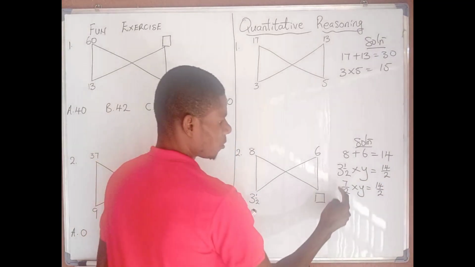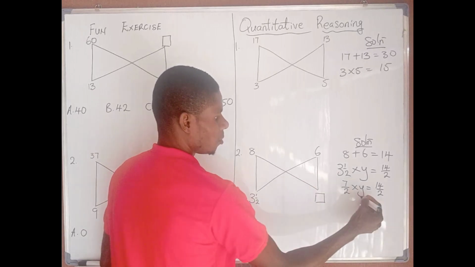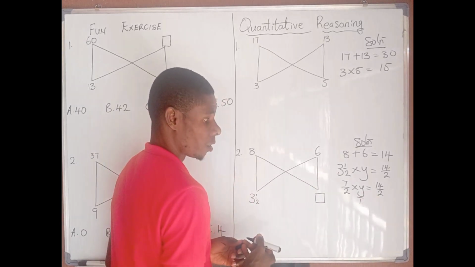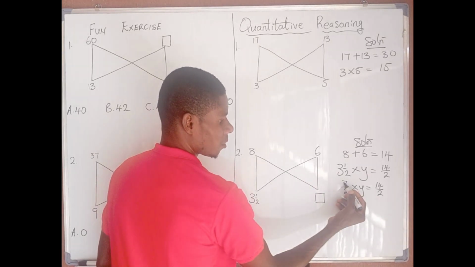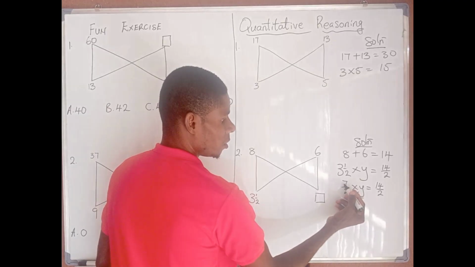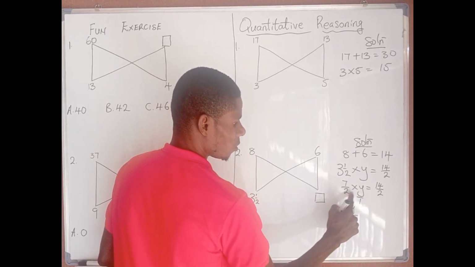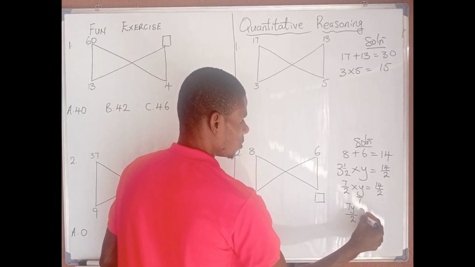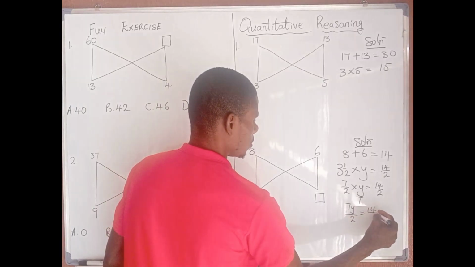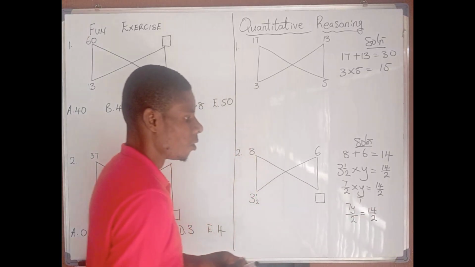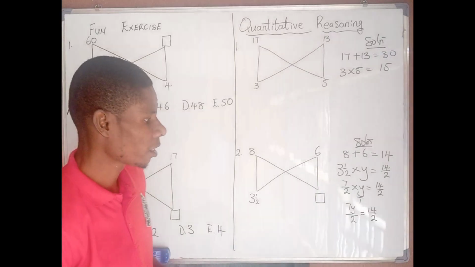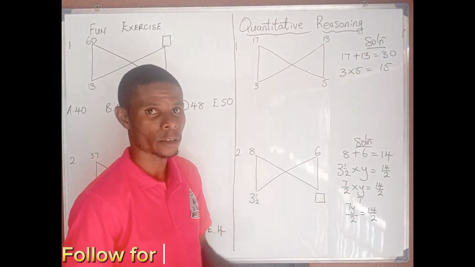All right, 7 over 2 times y simply means this can be over 1, right? So 7 times y is 7y over 2 times 1 is 2, equals 14 over 2.